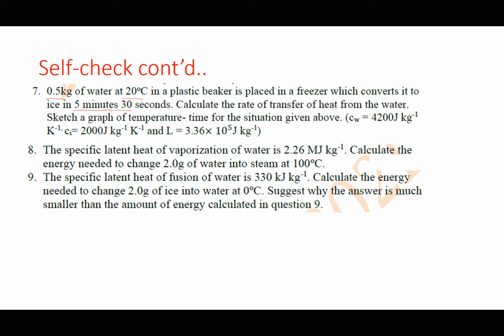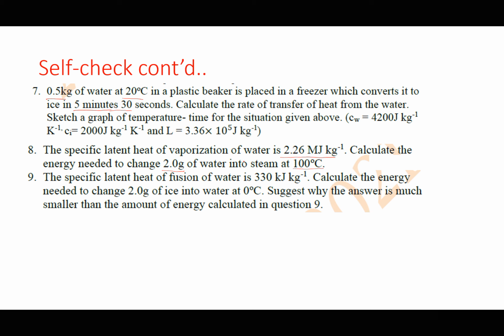Then number 8, the specific latent heat of vaporization of water is given as this, megajoules per kilogram. Calculate the energy needed to change 2 grams of water into steam at 100 degrees Celsius. The specific latent heat of vaporization.